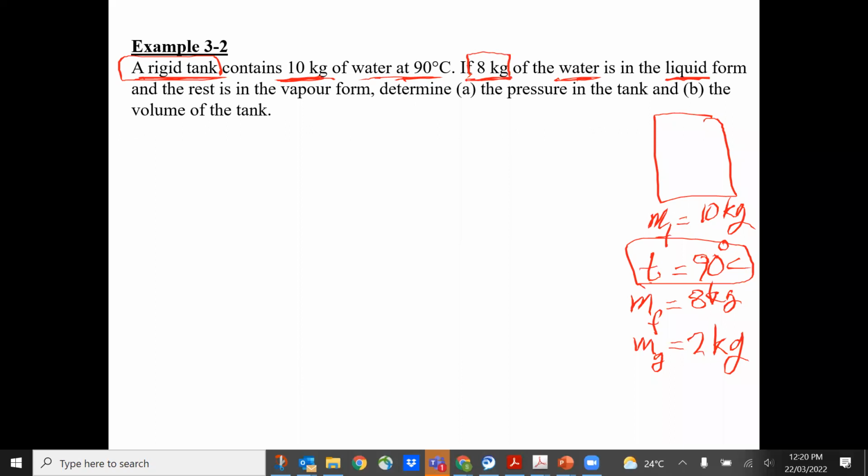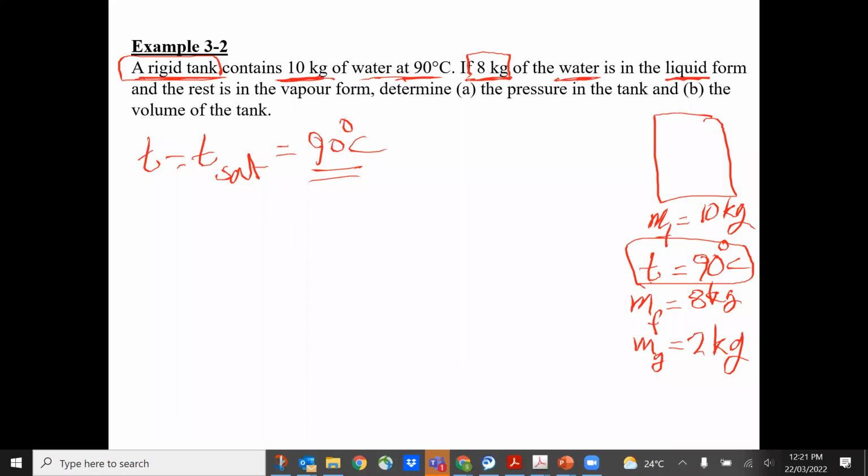Okay, so now we need to know the pressure in the tank. If T is equal to T saturation and is equal to 90, then if I go to the tables at this temperature, what should I find in the second column? 70.183. Yes, but what does the second column represent? Pressure.